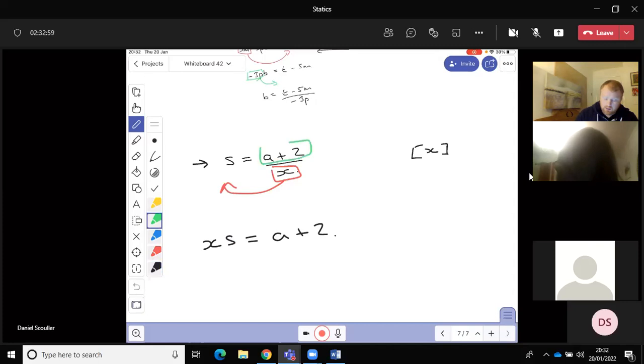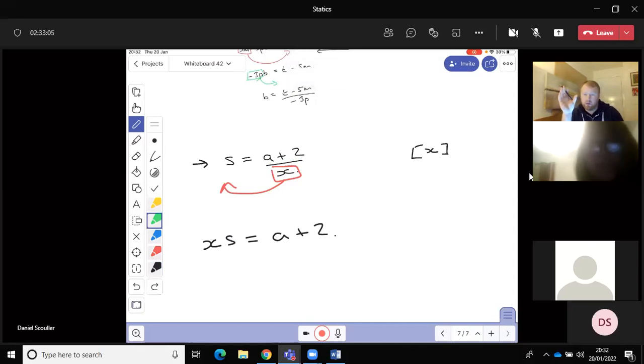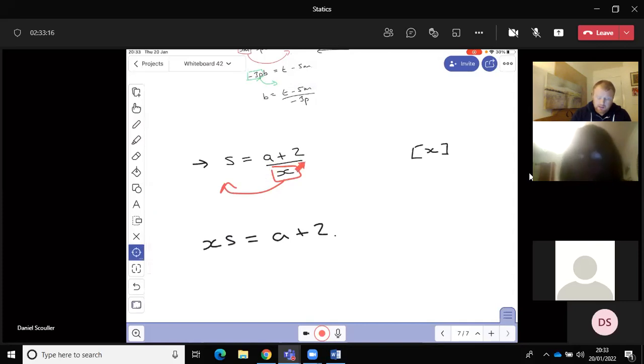You might look at that first term, you might go, well, there's an add there, so why can't we move that? Why are we not getting rid of that? Remember that X, because the length of that line, means that X is dividing that whole term, that A plus 2.